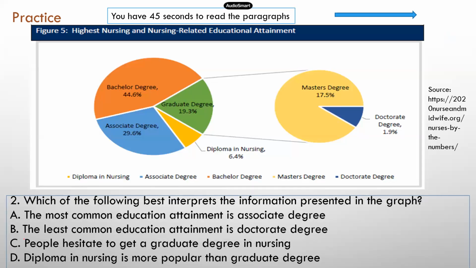Number 2 is about the interpretation of the information from the graph, whether you can read the graph correctly. Let's just start with D. Diploma in nursing is more popular than graduate degree. In order to determine which one's more popular, you can just compare the numbers, right? So diploma in nursing, only about 6.4%, and graduate degree almost 20%.